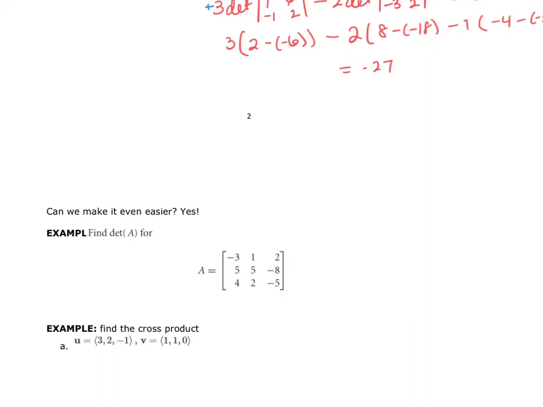So with this determinant, the other way that you can write it is you repeat the first column, and you repeat the second column, and then multiplying down the diagonal, because you have to have 3 of them, will always be pluses. So it'll be negative 3 multiplied by 5, multiplied by negative 5, plus, multiplying down this one, it's going to be 1 multiplied by negative 8, and then multiplied by 4.